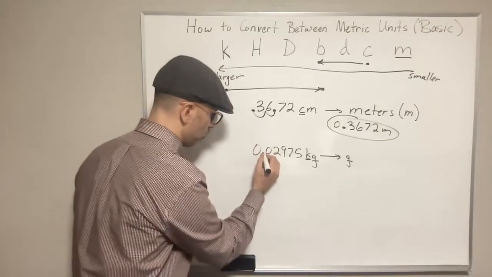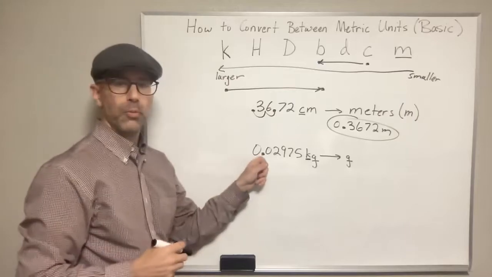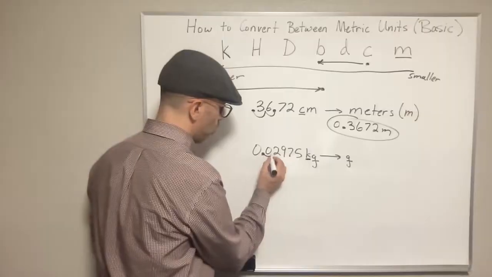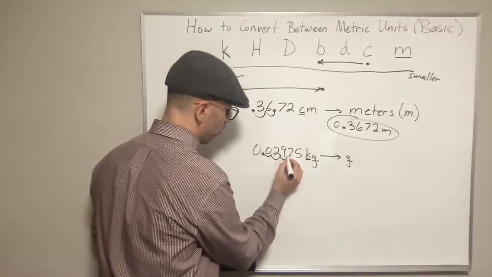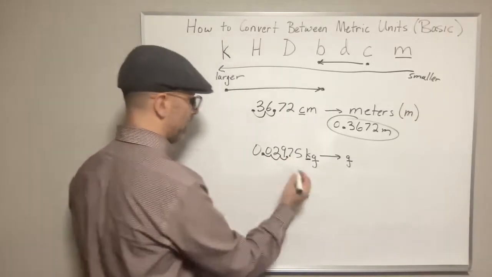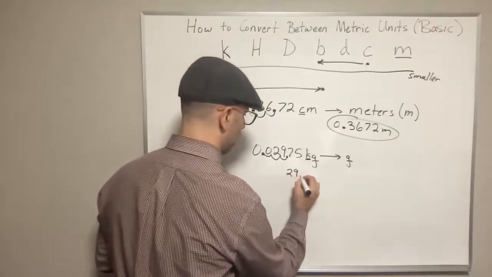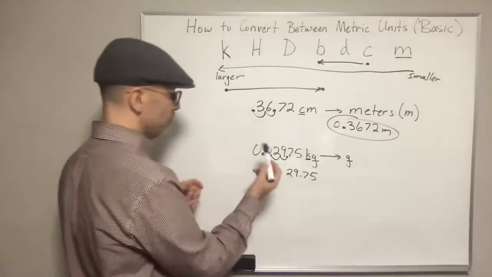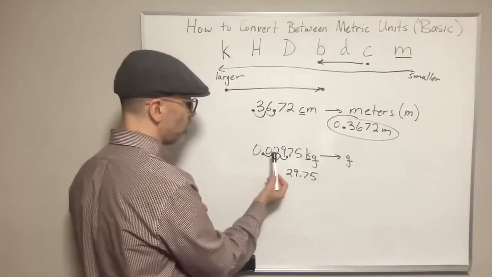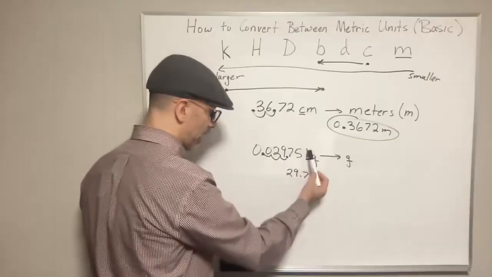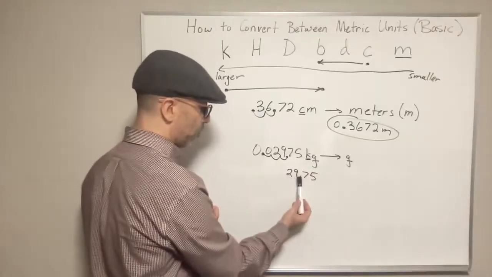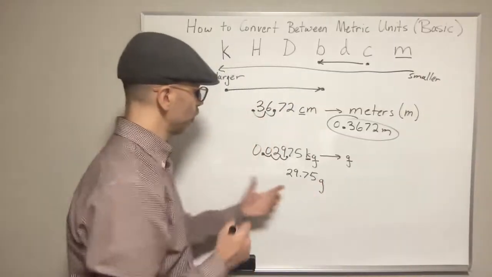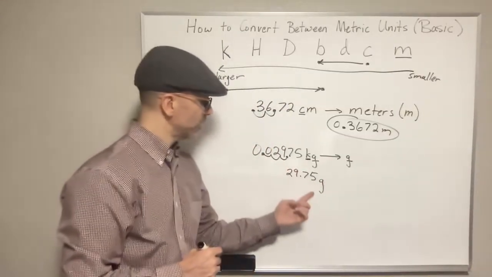Here's our decimal point. We're going to move our decimal point 3 times over to the right. 1, 2, 3, and that gives us 29.75. So 0.02975 kilograms is equal to 29.75 grams.